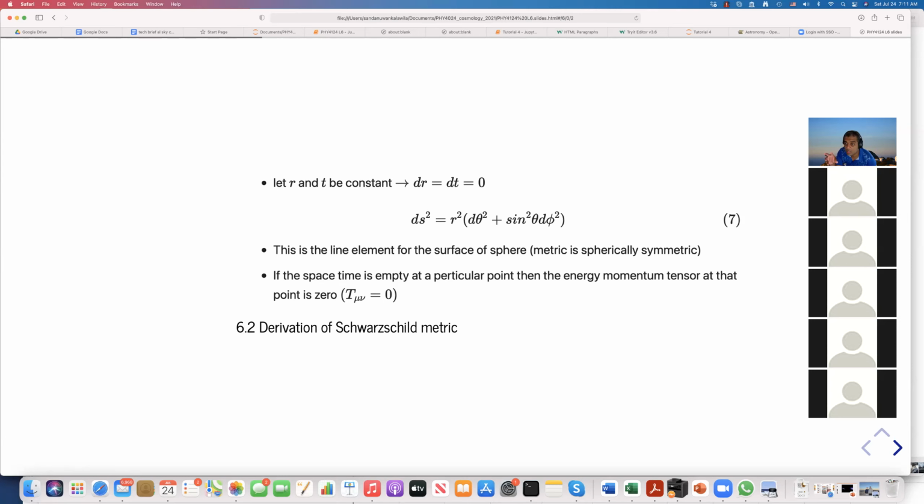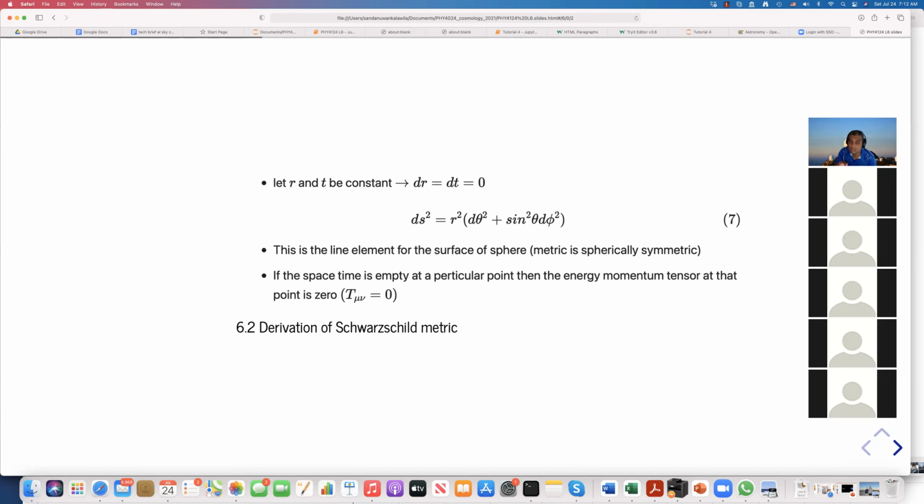Remember that the energy momentum tensor is the component that has all the information about the energy, the source of gravity, which leads to the curvature of the space. The curvature of the space is given by the Riemann curvature tensor, and the source of gravity is given by this energy momentum tensor.